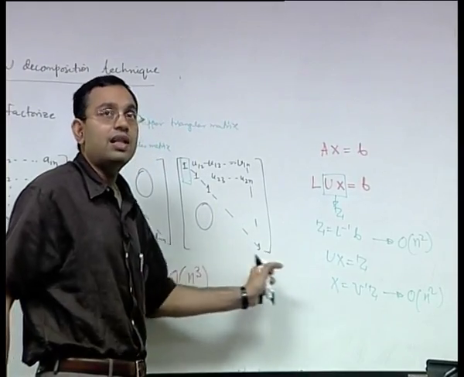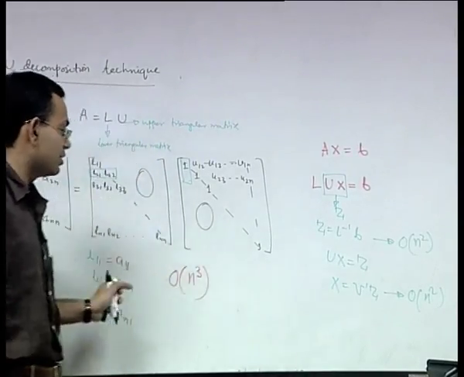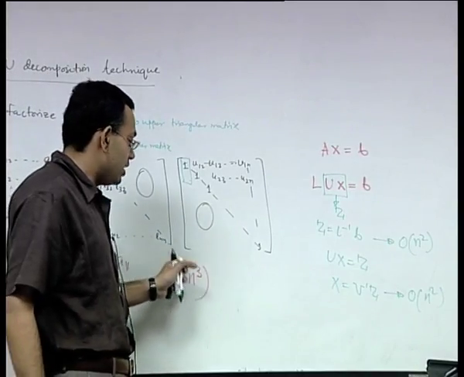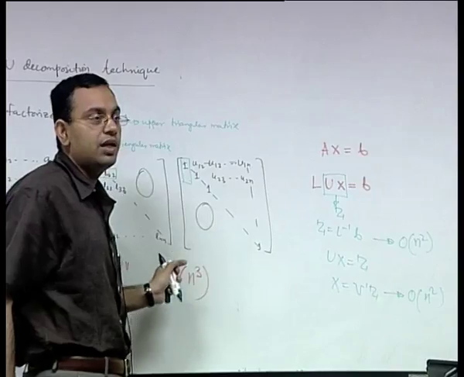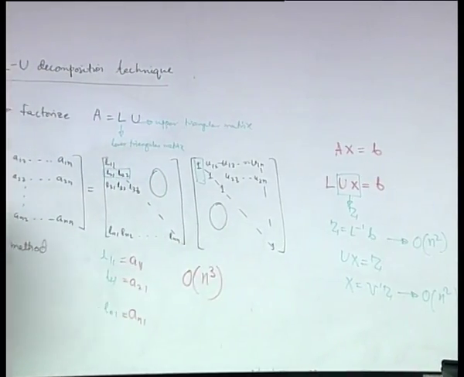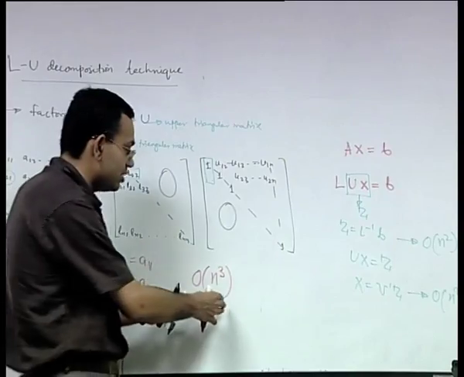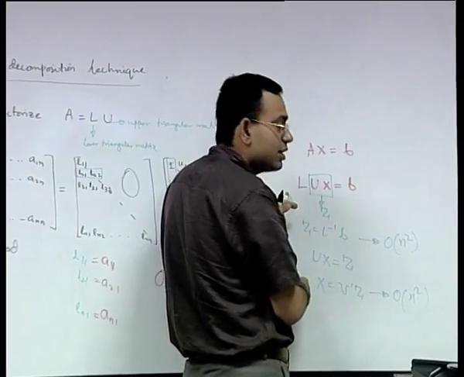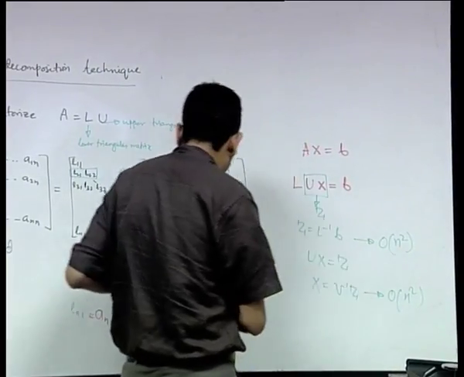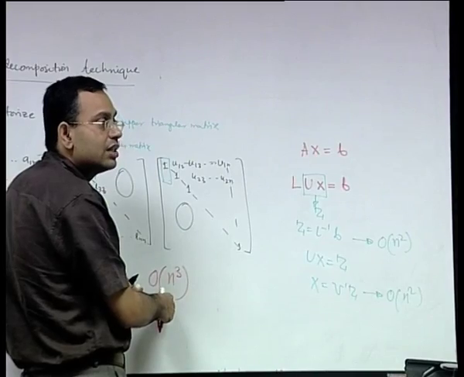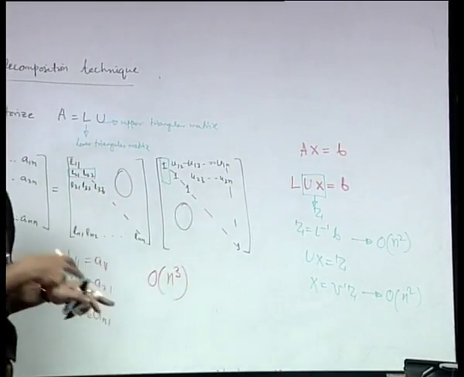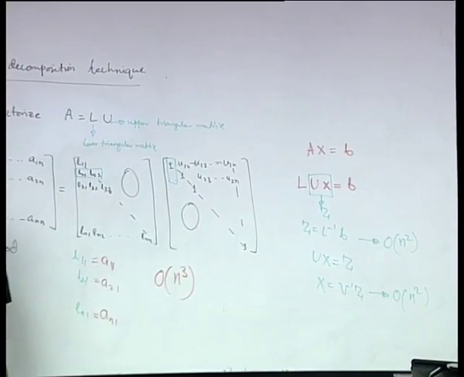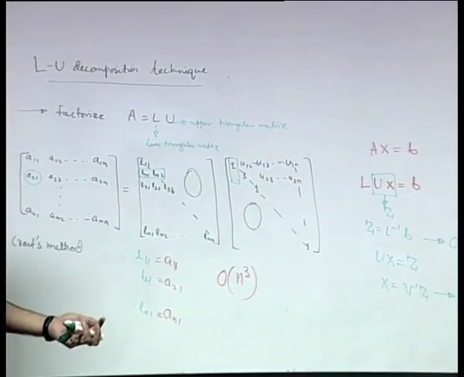So, if you have a method where you have the solution part of the order of n square, but the factorization part of the order of n cube, then the resultant algorithm is of the order of n cube, and that becomes same as the Gaussian elimination.